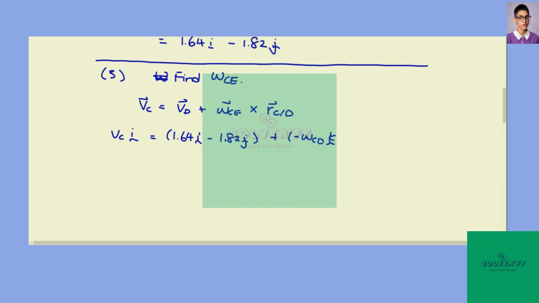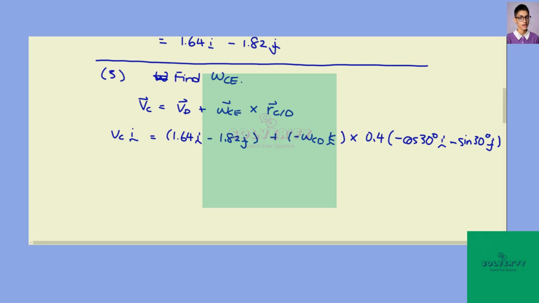I'll just assume it to be clockwise, and the position vector is 0.4 minus cosine 30 degrees I minus sine 30 degrees J.